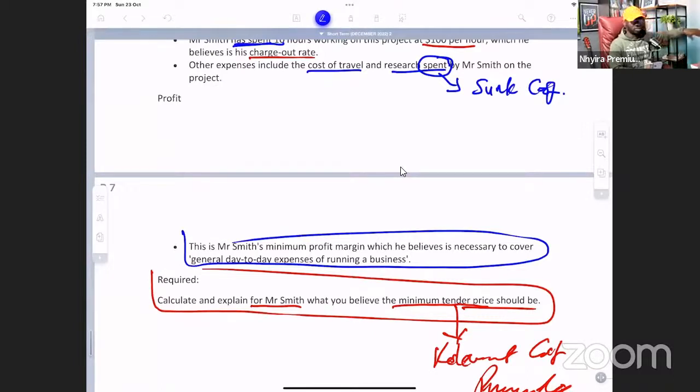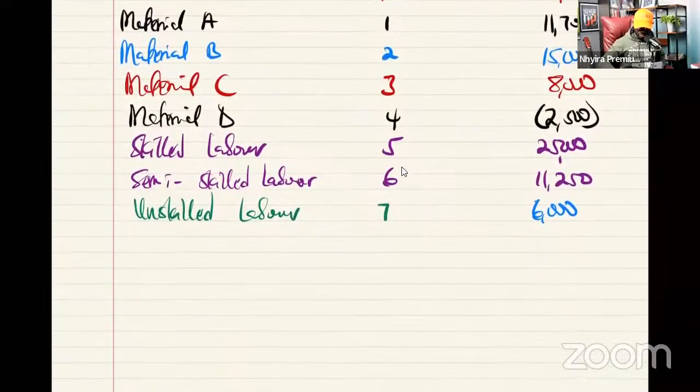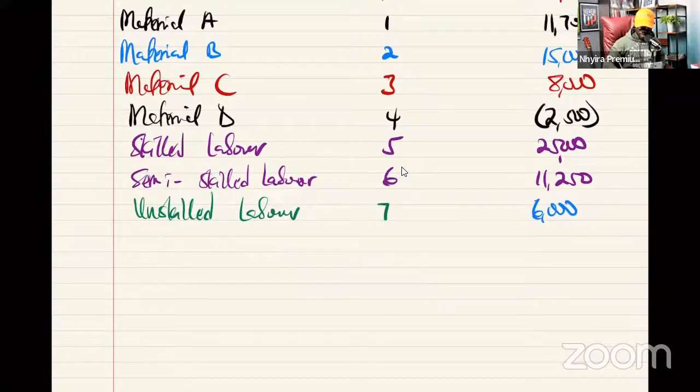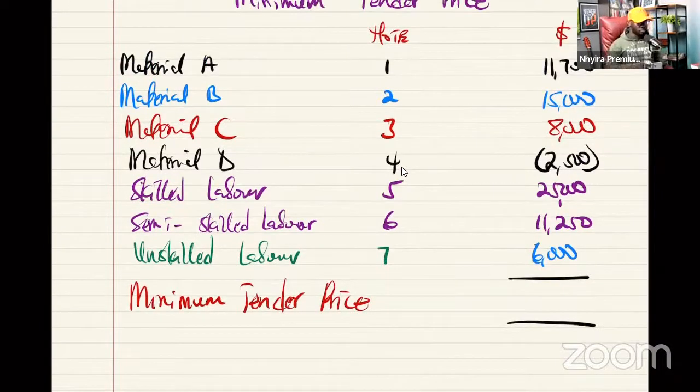So his profit should not be a concern to us here. So our minimum tender price would then be the addition of these costs here. So this becomes the minimum tender price.